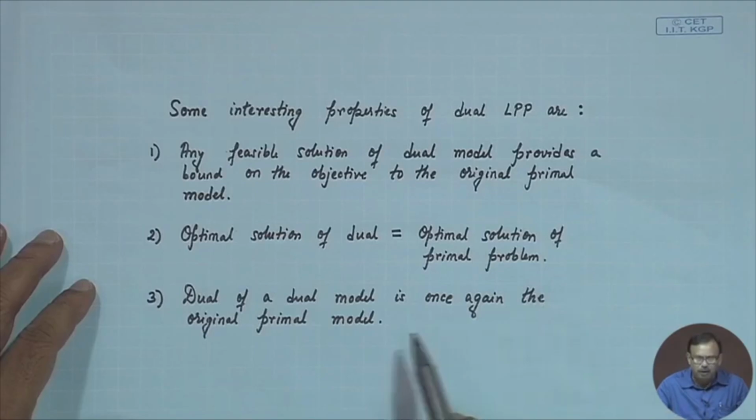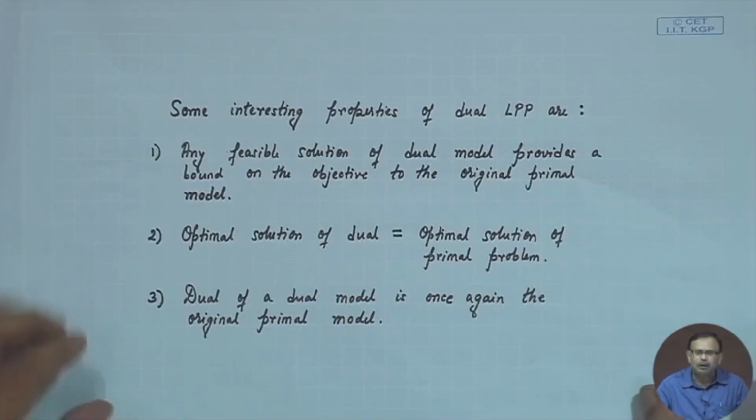Third point is, the dual of a dual model is once again the original primal model. That is, you have the original model, you take the dual of the problem, then on the dual again if you take the dual, you will get back the original model.